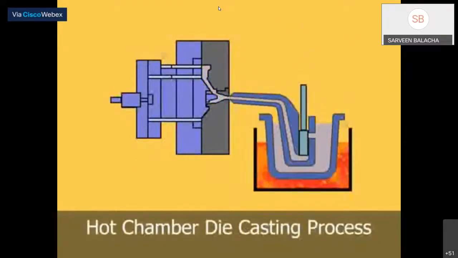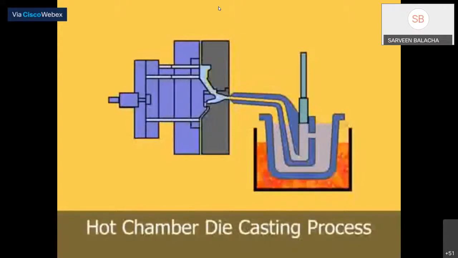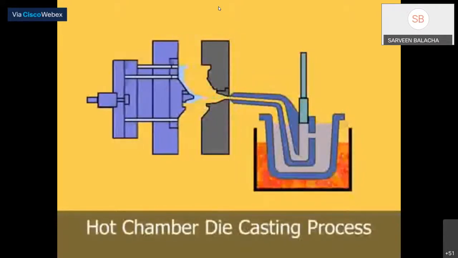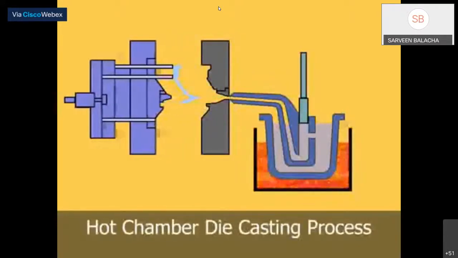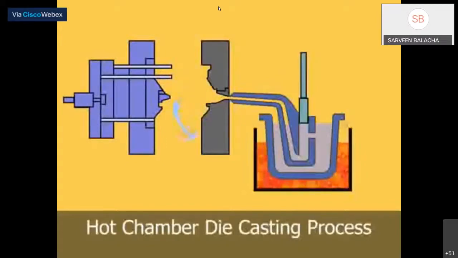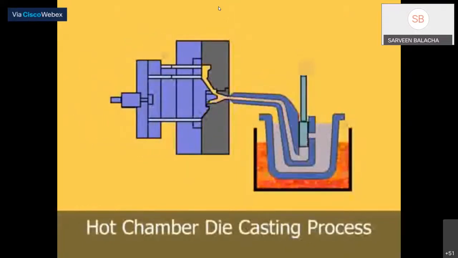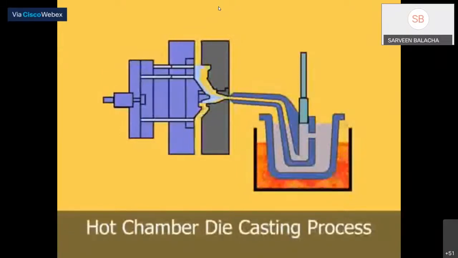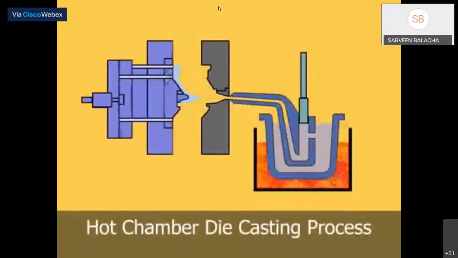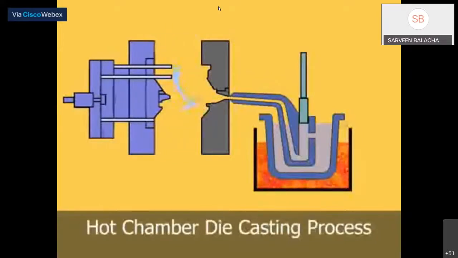As the injection cylinder plunger rises, a port in the injection cylinder opens, allowing molten metal to fill the cylinder. As the plunger moves downward, it seals the port and forces molten metal through the gooseneck and nozzle into the die cavity. After the metal has solidified in the die cavity, the plunger is withdrawn, the die opens, and the casting is ejected.